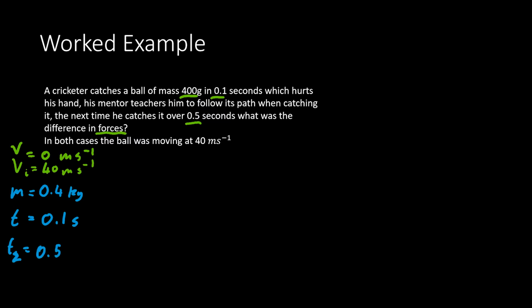So let's use our formula here. We have a mass and velocity, and we can have a look at this using our 4F method. We've got our facts. Let's go for our formulas now. Let's calculate out the change in momentum, because the change in momentum in both these situations is exactly the same. Our initial velocity and our final velocity are the same, and so is our mass, so our change in momentum is going to be the same.